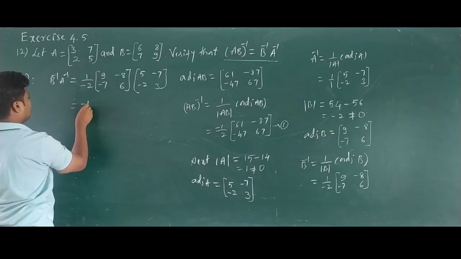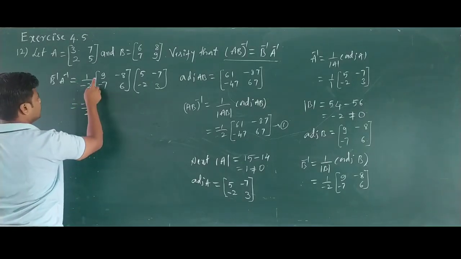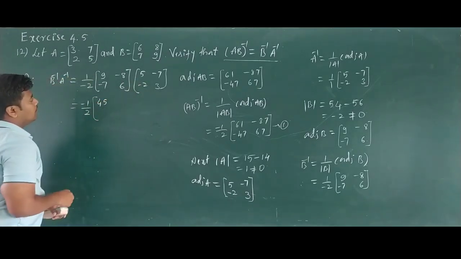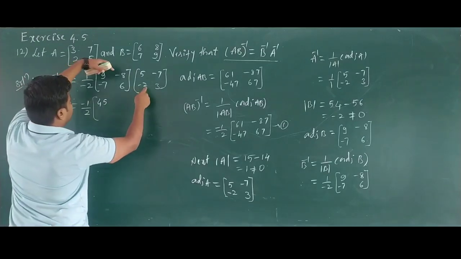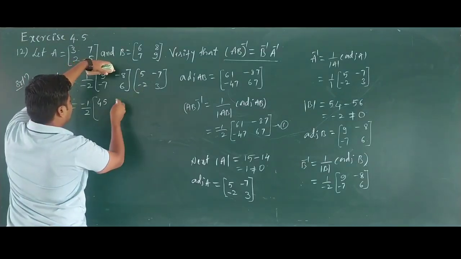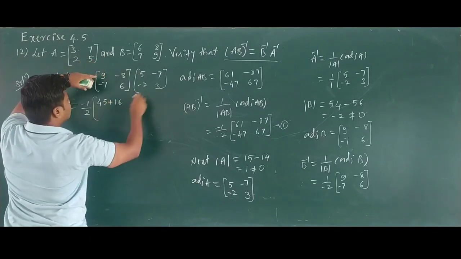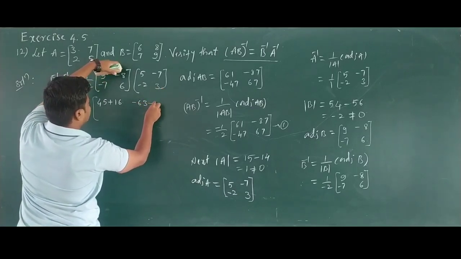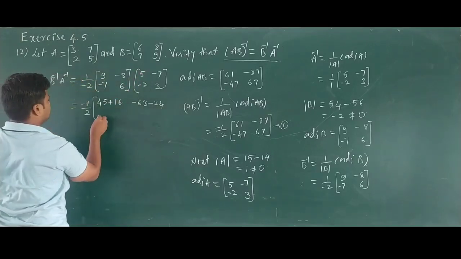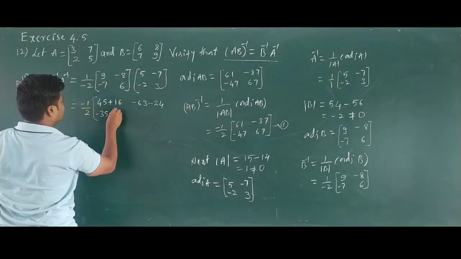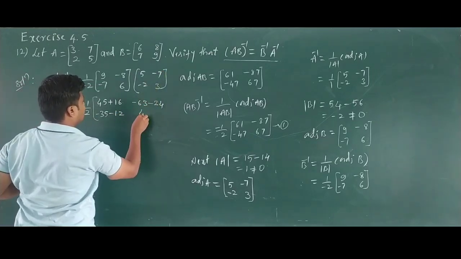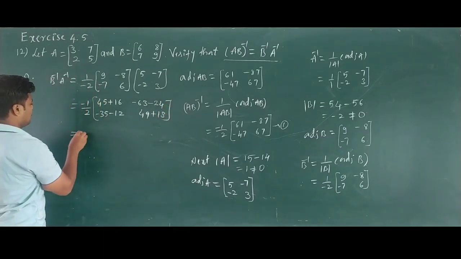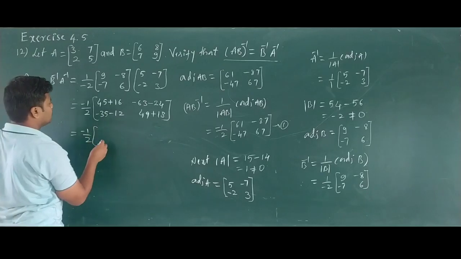So minus 1 by 2 into: 9 into 5, next 8, minus 8 into minus 2, this is plus 16, minus 63, minus 24, minus 35, this is minus 12, plus 49, plus 18.